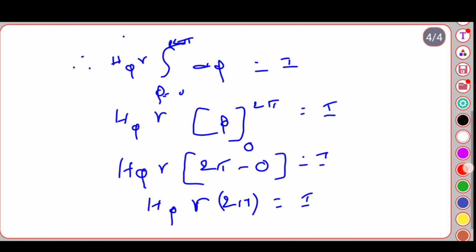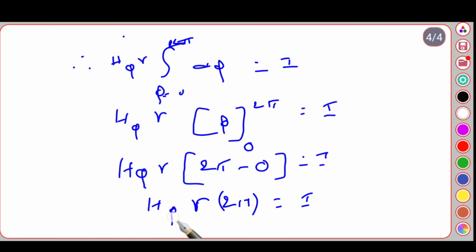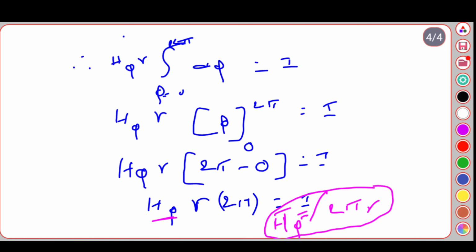Therefore, from this equation, H phi equals I by 2 pi r. Hence H bar at a point P is given by H phi a phi.